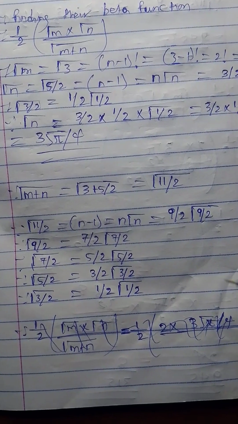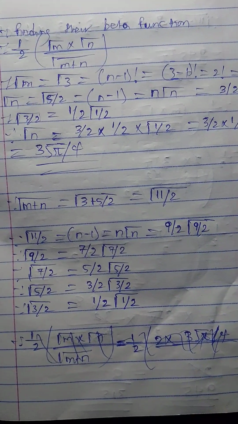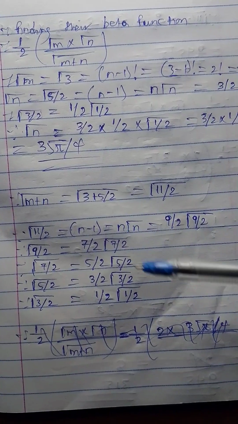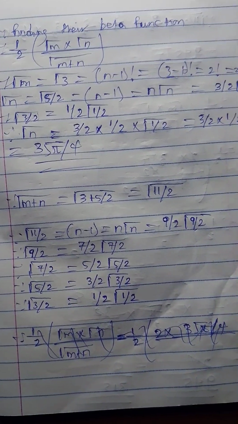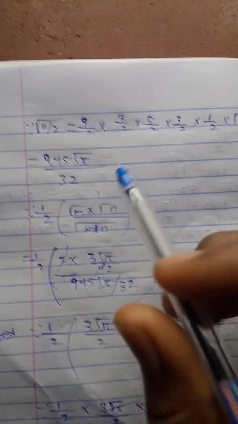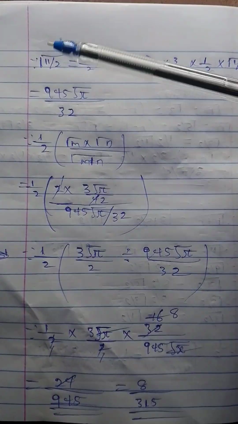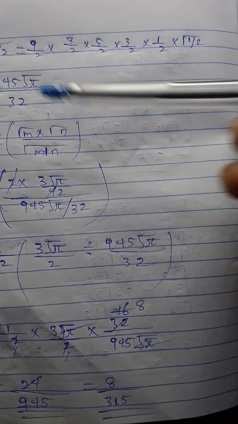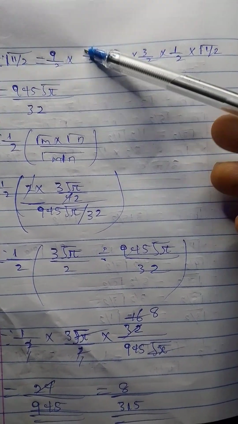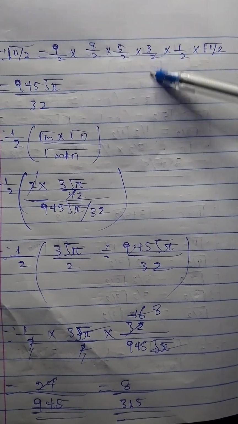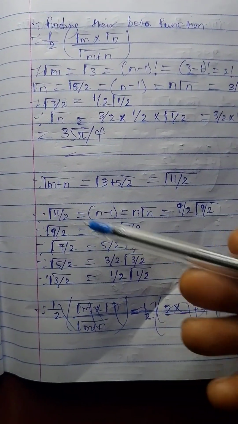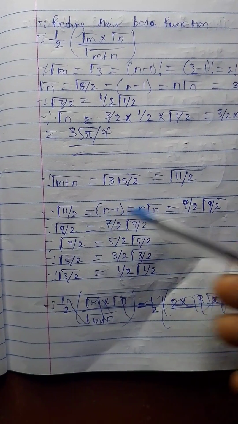So as I said earlier, if you are finding gamma of a fraction, once you reach the value of half, you stop. That's the end. So therefore we say that gamma 11 over 2 is equal to 9 over 2 times 7 over 2 times 5 over 2 times 3 over 2 times 1 over 2 times gamma half.